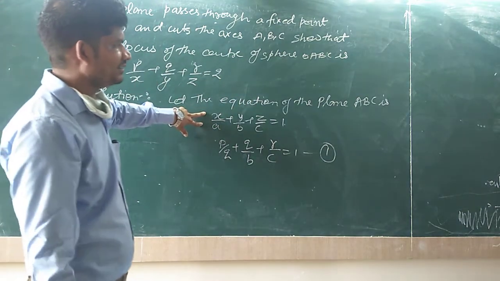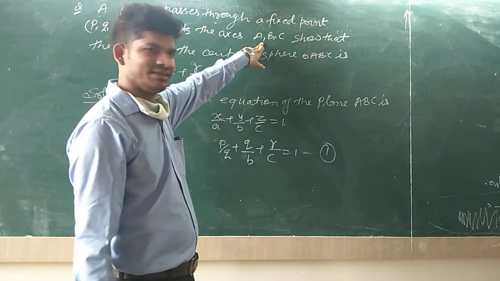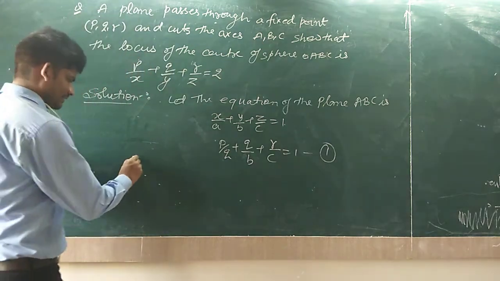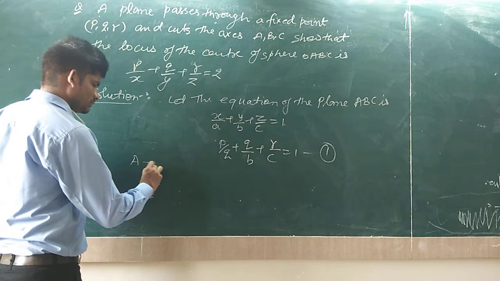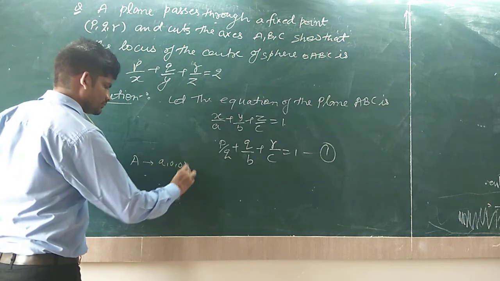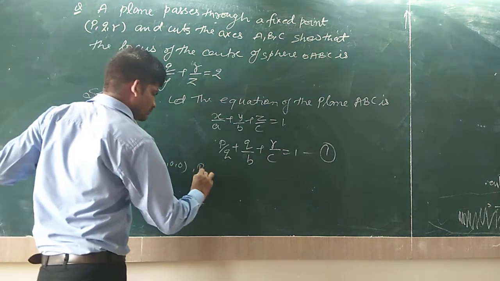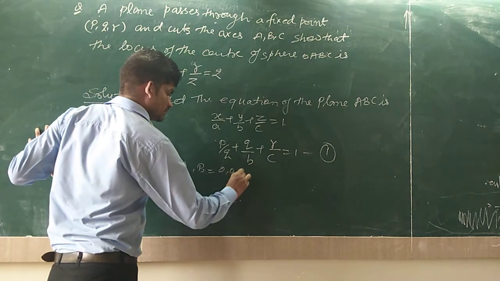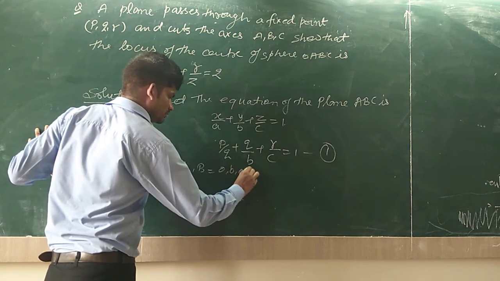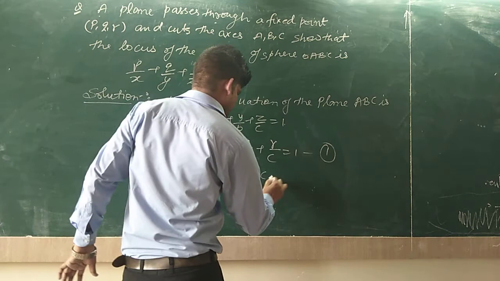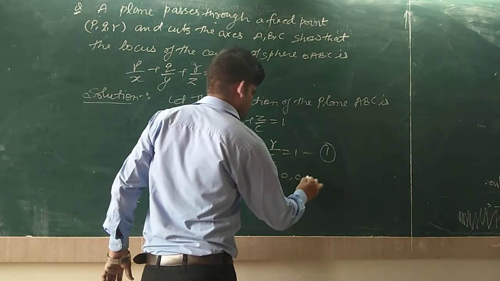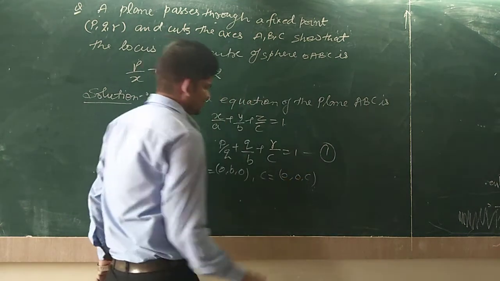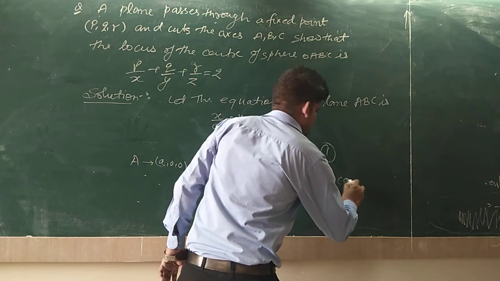And this plane cuts the axes, then the points are A equal to (A, 0, 0), B equal to (0, B, 0) and C point is (0, 0, C), and origin O is (0, 0, 0).